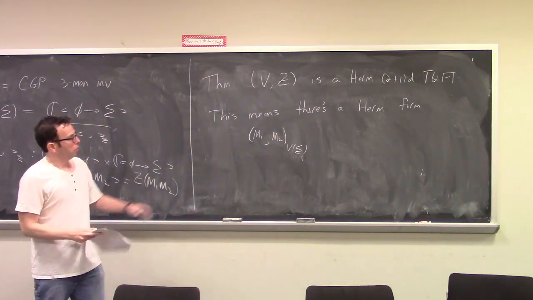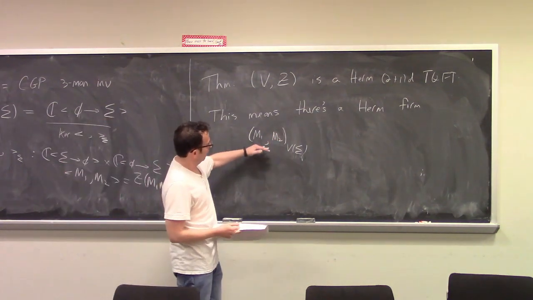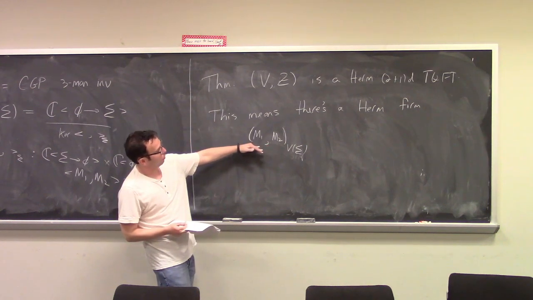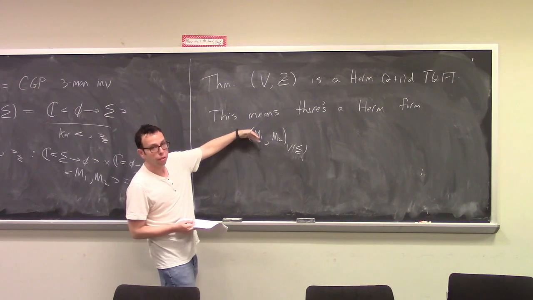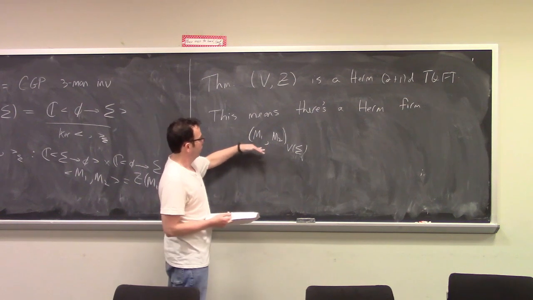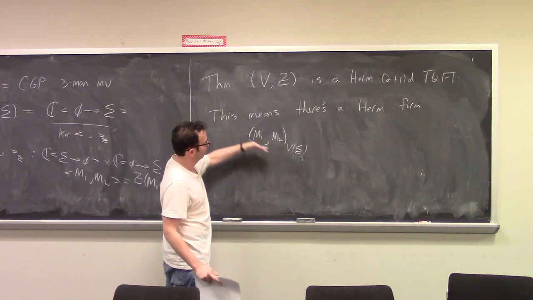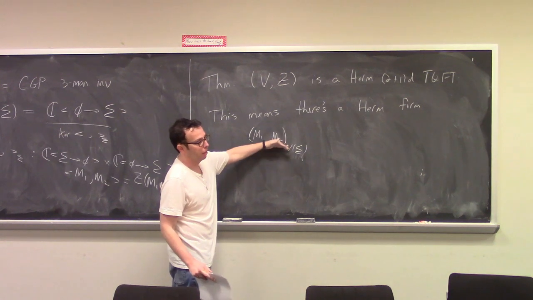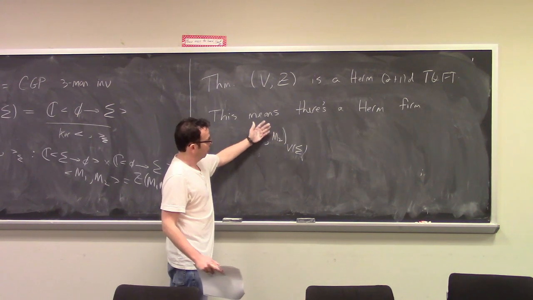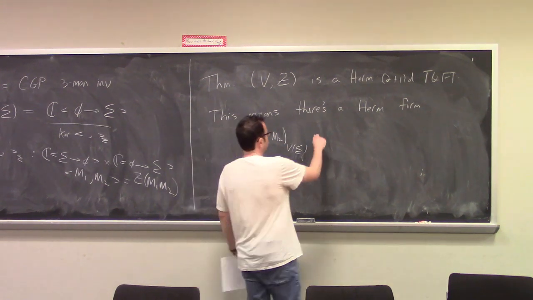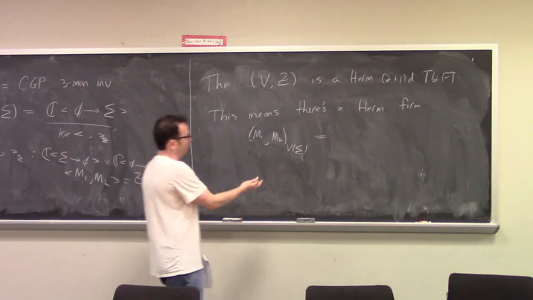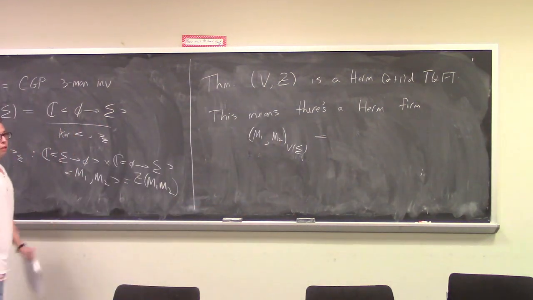So what is this state space? It's spanned by three manifolds which go from the empty to the surface. So I have a manifold M1 which goes from empty to sigma, manifold M2 which goes from empty to sigma. I would like to cook up a number from this, and I can't quite glue because the source and target are messed up.